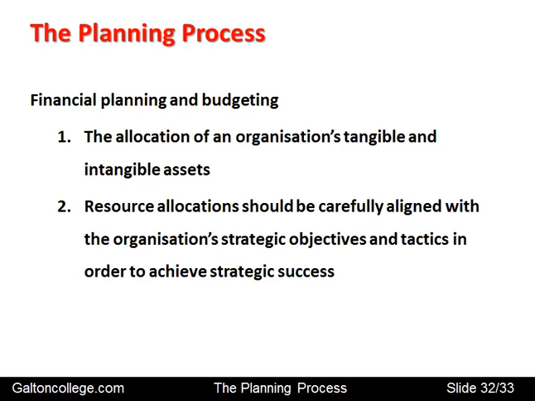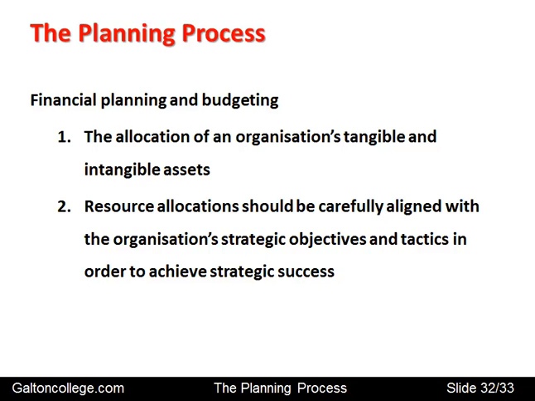So the financial planning and budgeting process must also look at the resource allocations and how they should be assigned against the organization's strategic objectives and tactics in order to achieve strategic success. So it should look at how resources are deployed within the organization to try and meet the strategic success of the business.